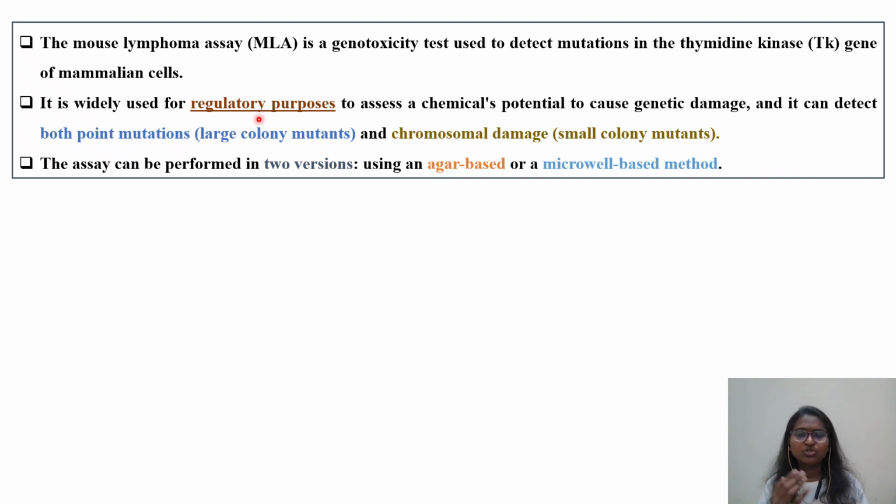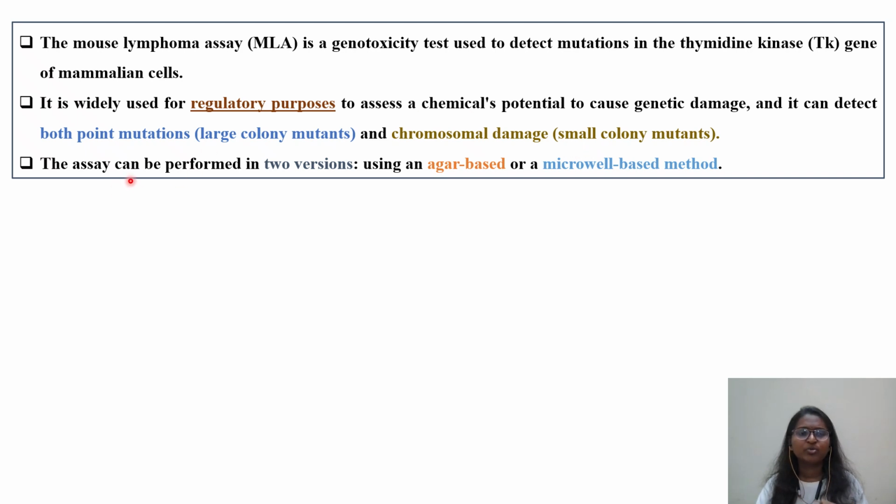It is a regulatory requirement from the FDA or the EMA to assess a chemical's potential to cause genetic damage, and it can detect both point mutations, that is large colony mutants, and chromosomal damage, small colony mutants. So by this assay both can be detected.